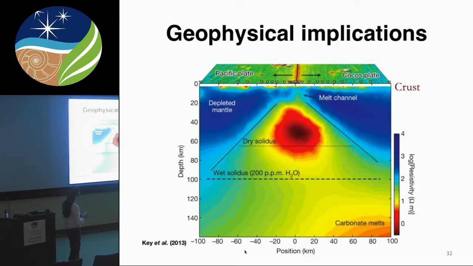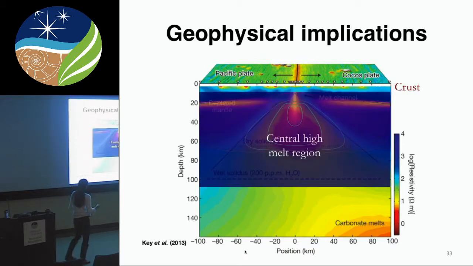So they see a wide, highly conductive region beneath the mid-ocean ridge, and it's interpreted as melt. So when you overlay, let's say, a 4 centimeters per year or even an 8 centimeters per year model, you see that, yeah, we do see that high central melt region, that's good.